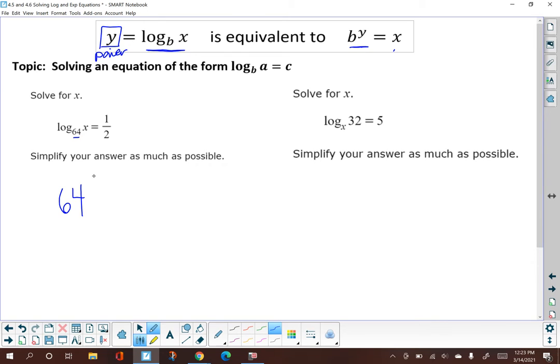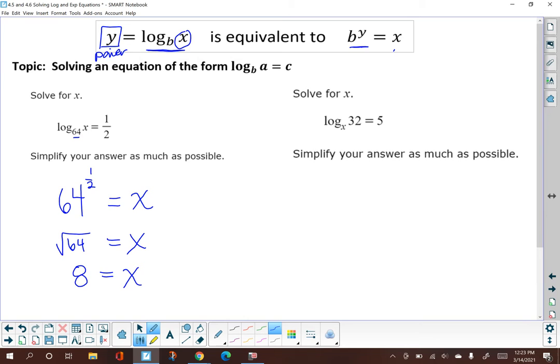So this is going to be 64 to the 1/2 power, and it's equal to the argument of the log. In this case, the argument of the log is x. So we get 64 to the 1/2 power. You can evaluate that in your calculator, or maybe you remember that a 1/2 power is the same as a square root. So this is going to be 8 as our solution.